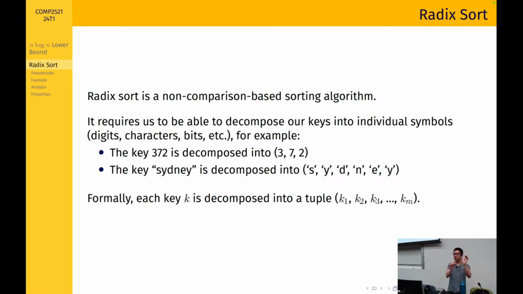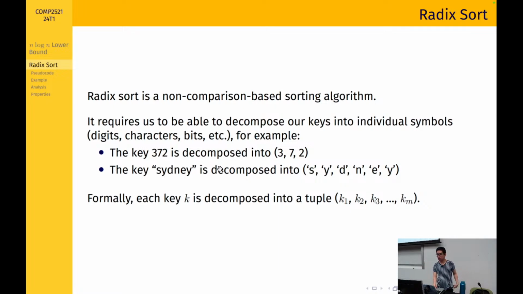Radix sort requires us to be able to break up the key into individual symbols, right, such as digits, characters, or bits. Right, so for example, maybe the number 372 needs to be decomposed into its individual digits, like 3, 7, and 2. If we have a string as our key, then that gets broken down into individual characters.